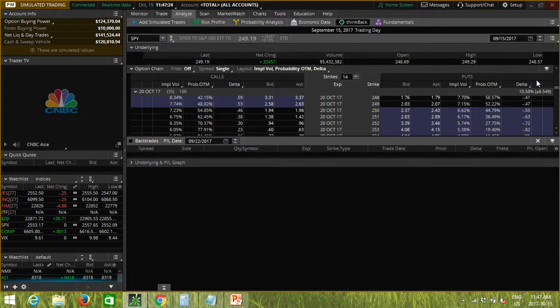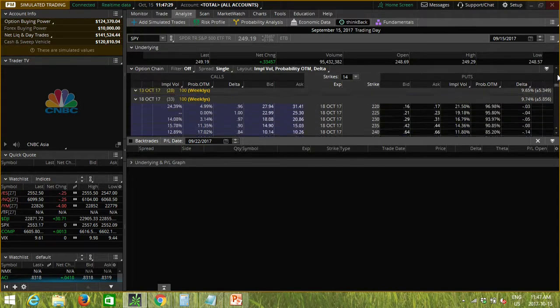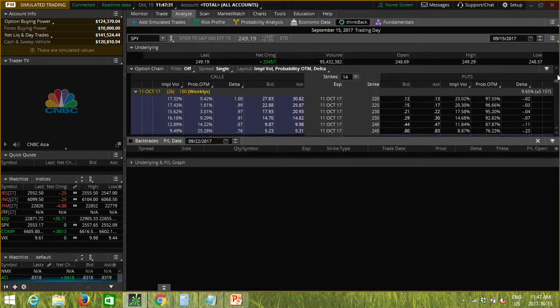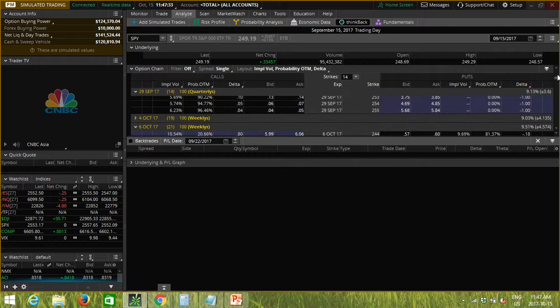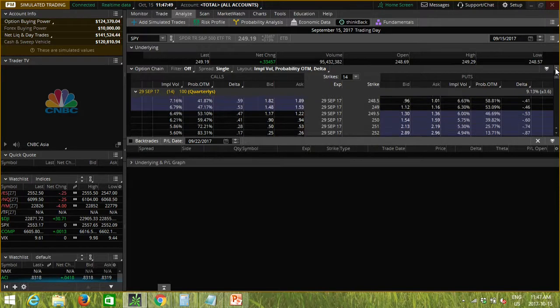So we could maybe, with the 1.32, I don't know, maybe we can roll it out to another month. So basically we're just going to buy back that short position and sell another option. Okay, so let's see what we got for the 248.